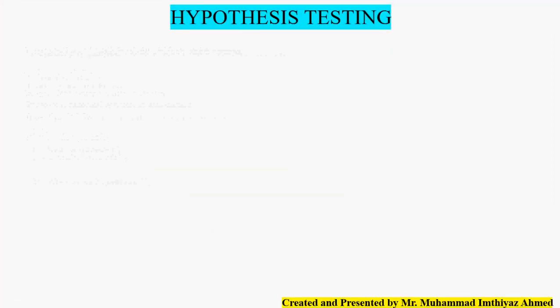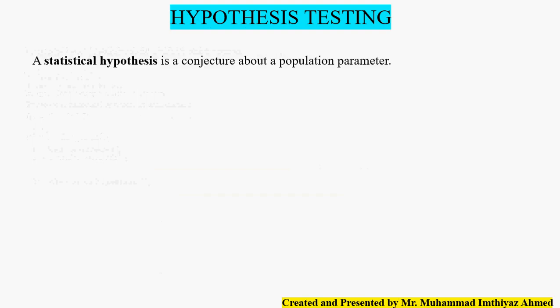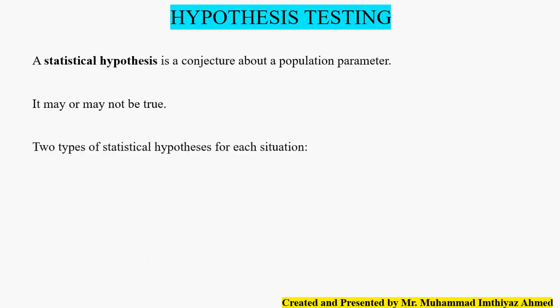Next, let us understand what is hypothesis testing. A statistical hypothesis is a conjecture about a population parameter. It may or may not be true. There are two types of statistical hypotheses for each situation.